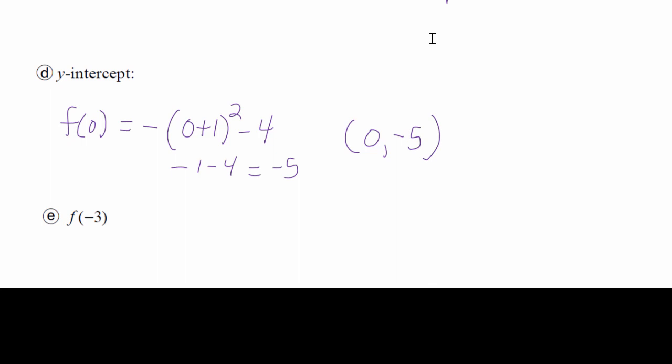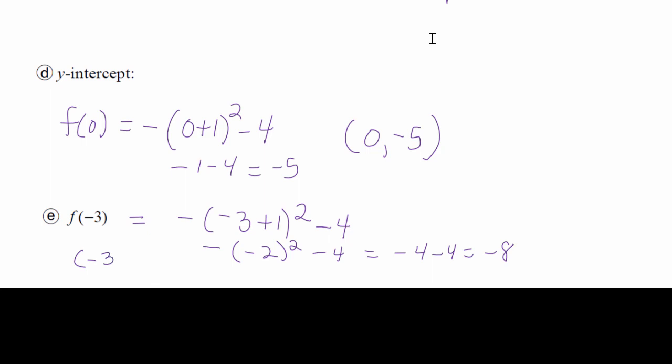And then let's calculate f of negative 3. So negative 3 in for our x. And so here we get negative 2 squared, with the negative sign, and then minus 4. So negative 4 minus 4, which is negative 8. So we have the point negative 3, negative 8. Okay, let's graph this.